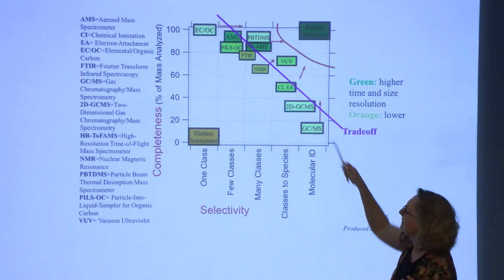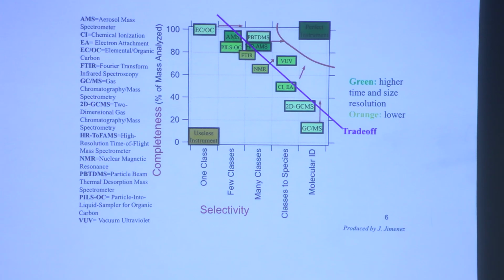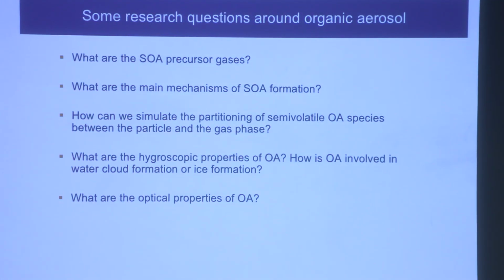On the first day, we had this exercise about the mass distribution that came from an AMS. So that's up there, AMS. It analyzes the organic mass fraction almost completely, right? But you only get a few classes. It's not as exhaustive as some of these other methods. So it is really a challenge, and a lot of research is going into this field.